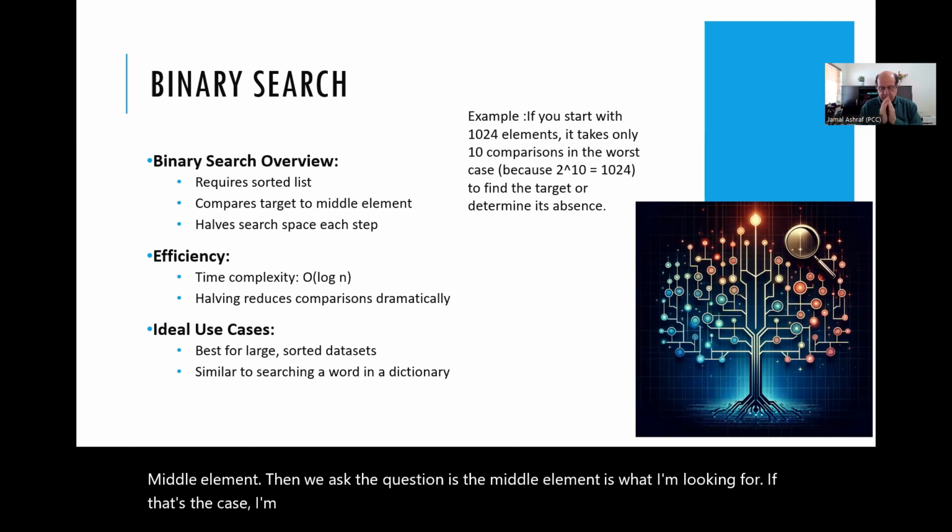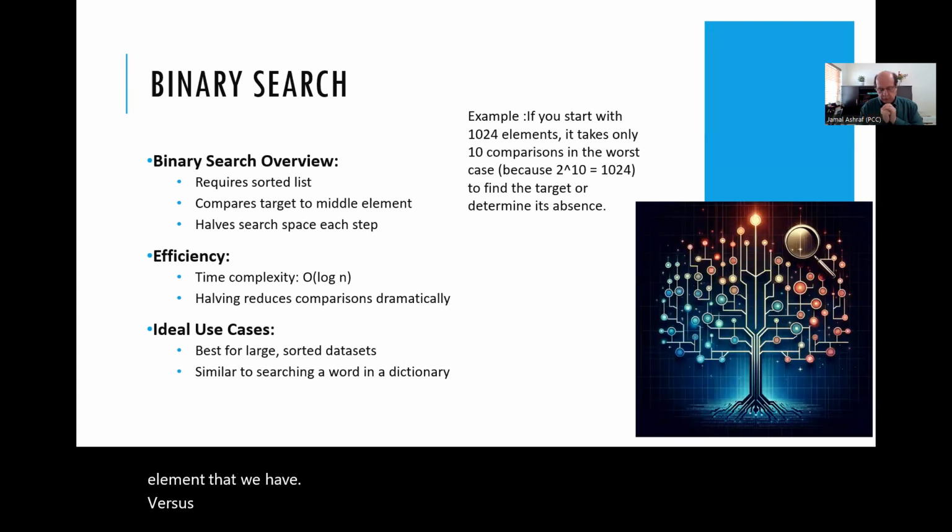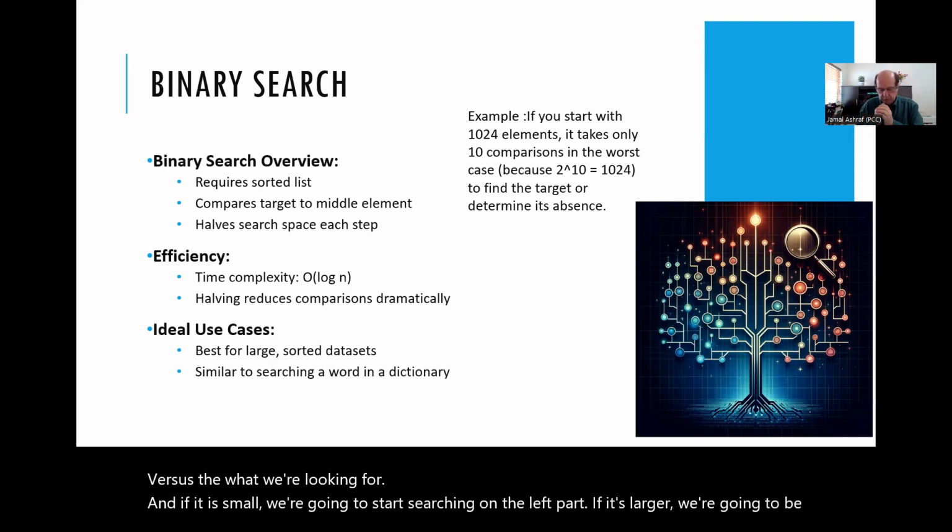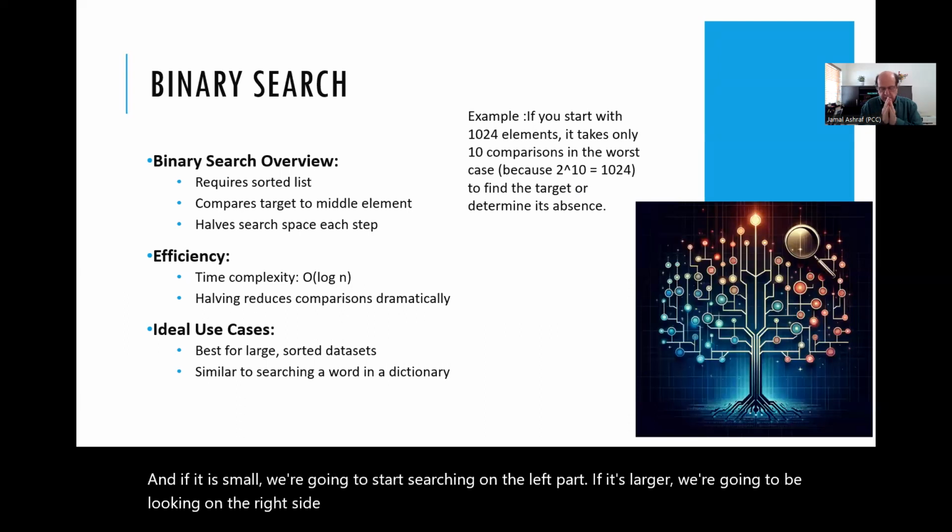If that's not the case, then we're going to check the value of the element that we have versus what we are looking for. And if it is smaller, we're going to start searching on the left part. If it's larger, we're going to be looking on the right side. And we're going to keep doing this till eventually we're going to find what we're looking for.